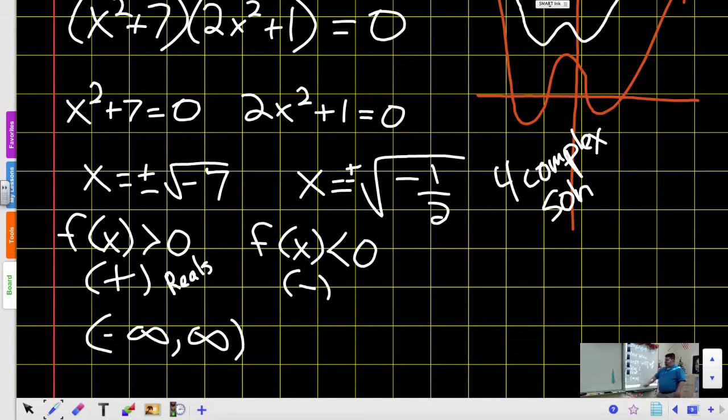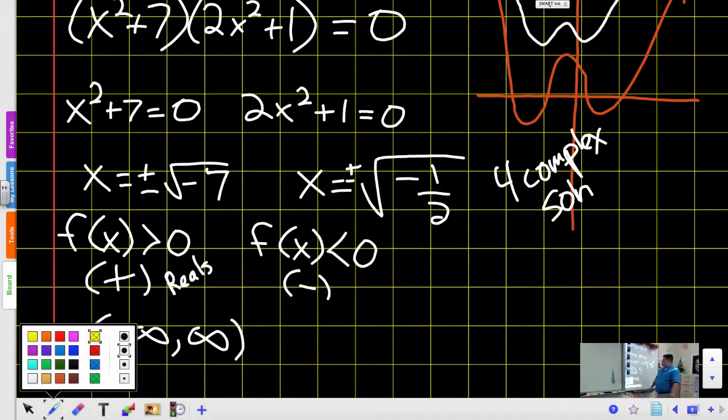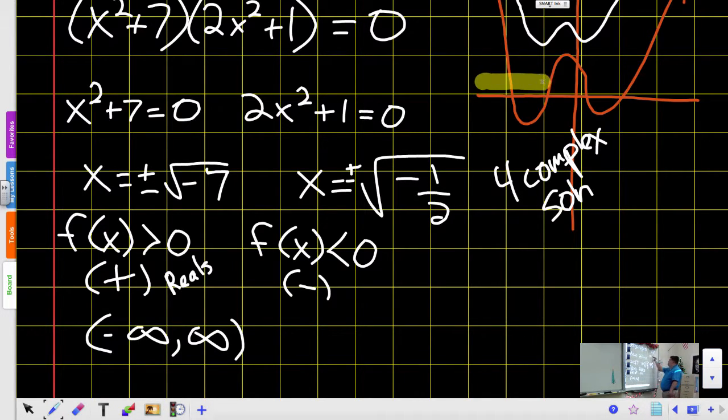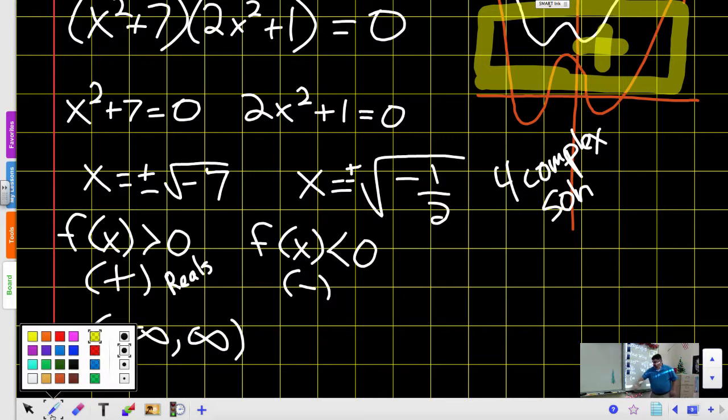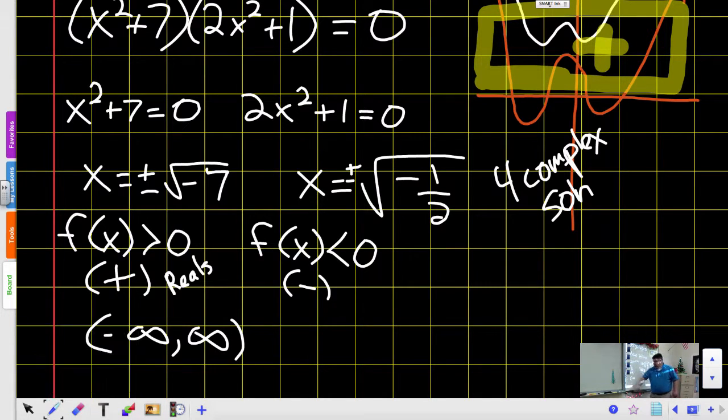And I suppose, just to be fair, we should probably point out a couple of things. Positive occurs whenever we're above the x-axis, okay? When does negative occur? Negative occurs when we're below the x-axis, right?